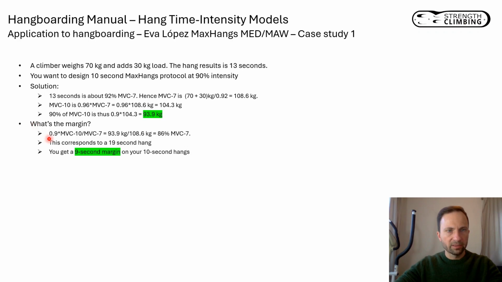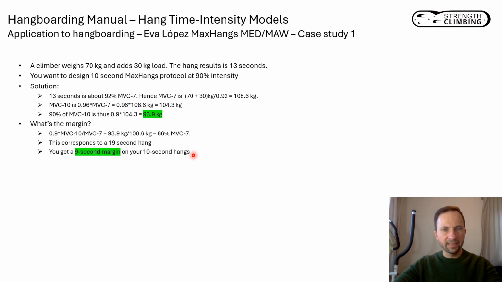So again, 0.9 times MVC10 divided by MVC7 is 93.9 kilograms divided by 108.6 kilograms. So it's 86% of MVC7, and this corresponds to a 19-second hang. So we get a 9-second margin on our 10-second hangs. So each time we hang for 10 seconds, we still have a 9-second safety margin.